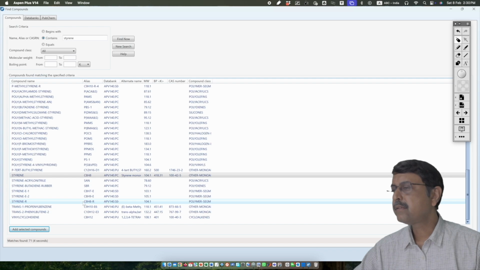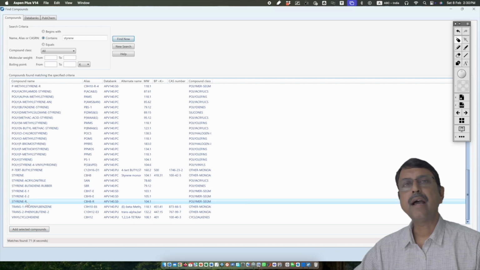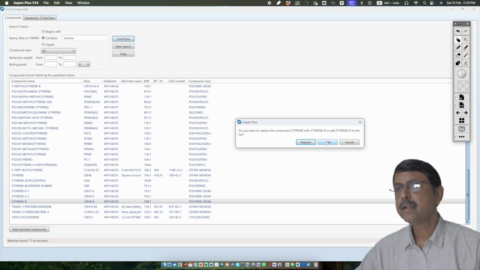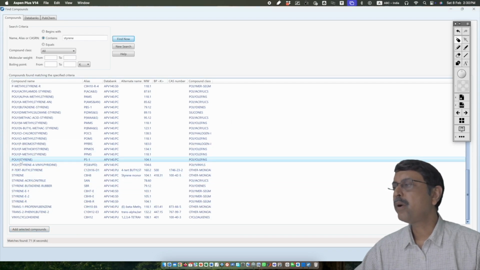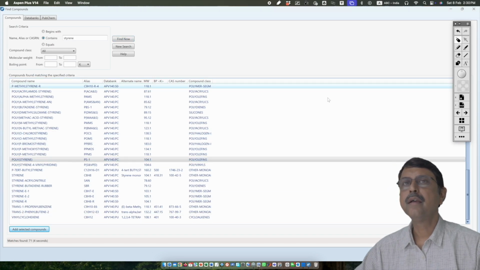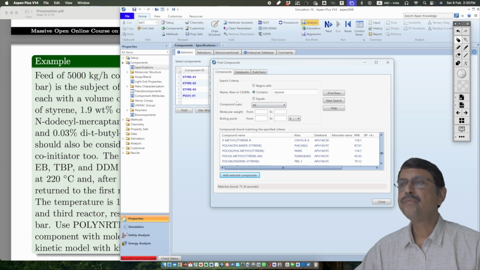Then this one is styrene R, because we have to look for a segment. Okay. So this is the third component, styrene R. And we have to choose polystyrene also, because styrene is polymerized. So that way 4 times we have chosen it.